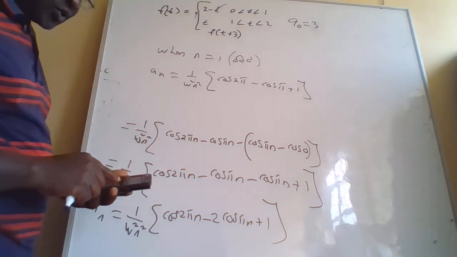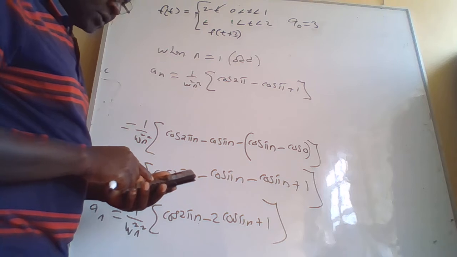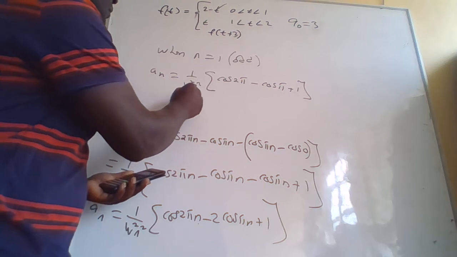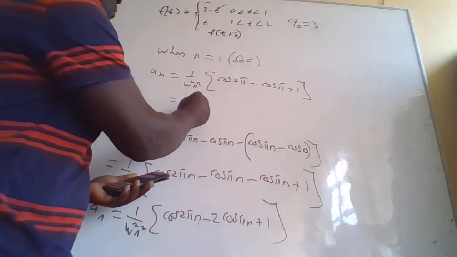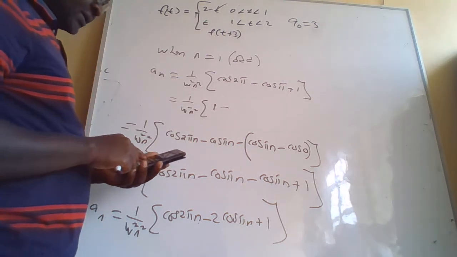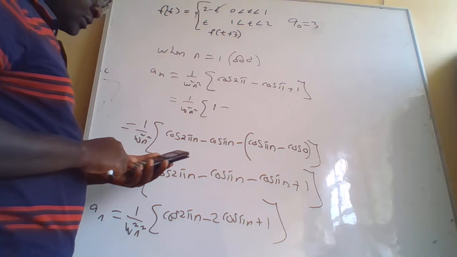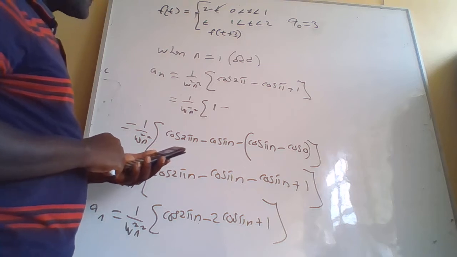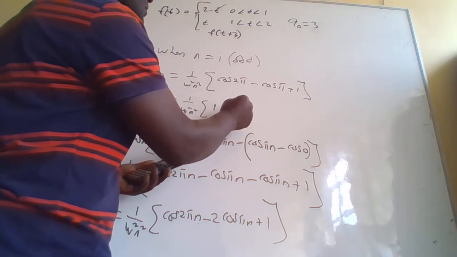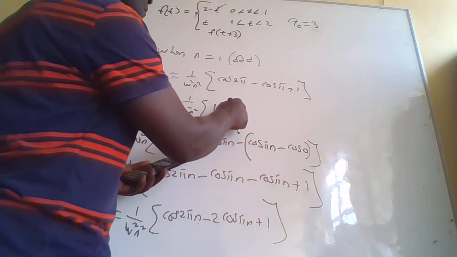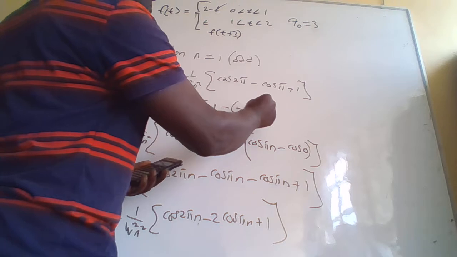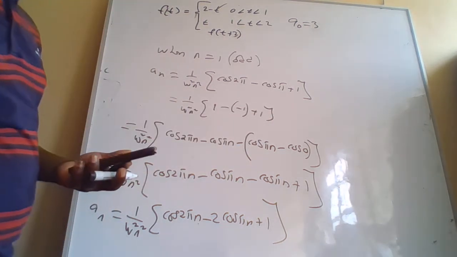Cos 2 pi is the same as cos 360. Cos 360, that is 1. Cos pi is the same as cos 180. It's negative 1. So we have minus 2 times minus 1, then plus 1.